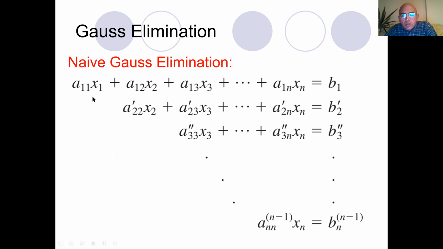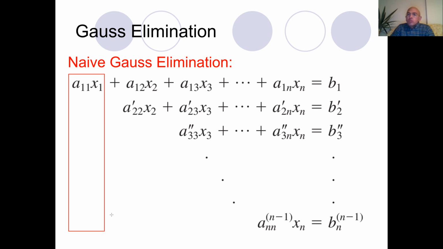For example, first I want to choose one of the equations, right? And basically changing the places of the equations will not change anything. So what I do is very simple. If I want to eliminate the first variable, I just look for the whole system. This basically corresponds to the first column in the coefficient matrix.